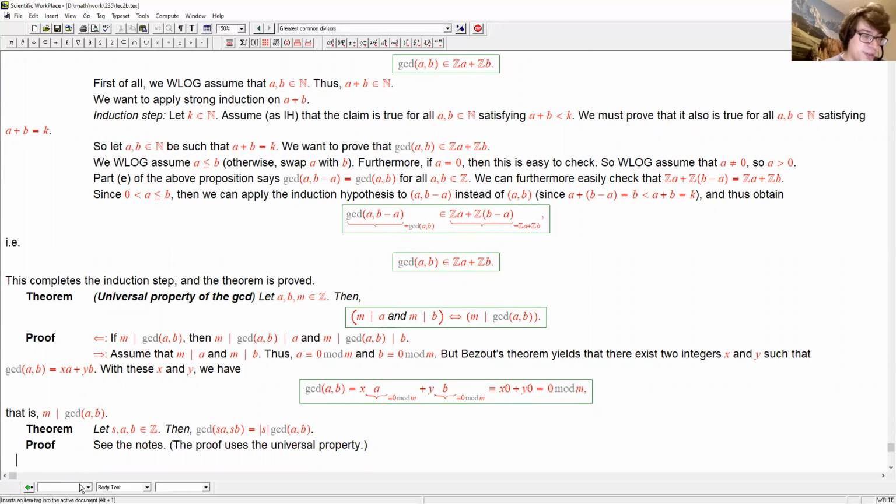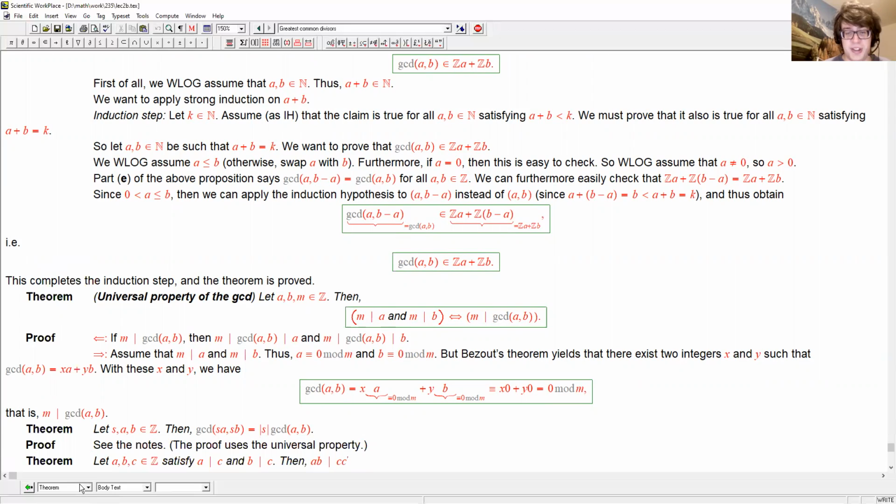There's more theorems. Here is one where, again, the use is perhaps not obvious, but it's useful. Assume you have 3 integers and A divides C and B divides C. So what can you conclude?